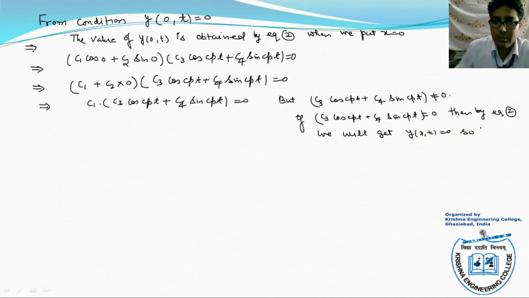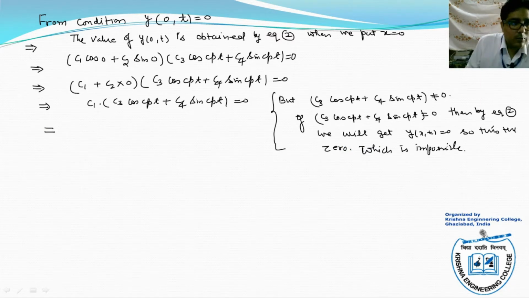So this is the zero solution, which is impossible. So here C1 is equal to 0, right?